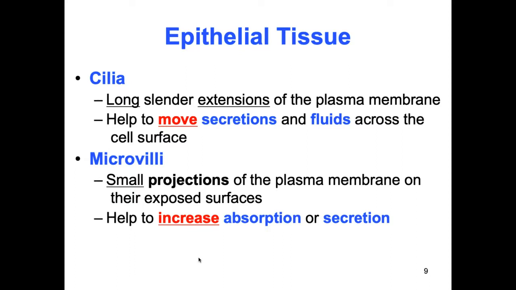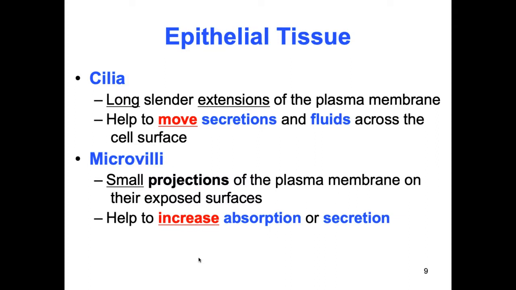You remember from the first week when we covered the cell, cilia are long, slender extensions that come off the plasma membrane, and they beat rhythmically, and they can move the cell, or they can move secretions and fluids across the cell surface. Microvilli are similar to cilia, but they're much, much smaller. They are smaller projections off the plasma membrane, and they're used for absorption.